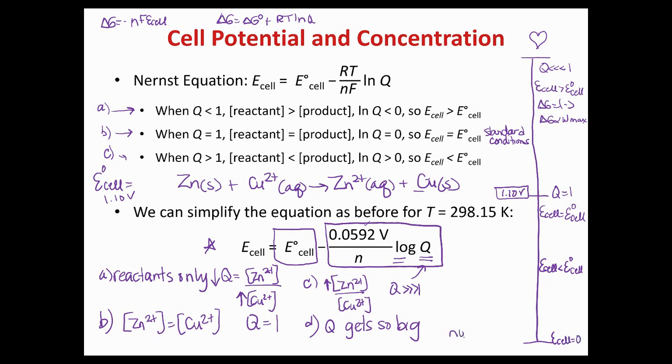No more work. Dead battery. So in real life, we call it a dead battery. It really can do no more work. And then in our language that we've been talking about, this spontaneous reaction has reached equilibrium.